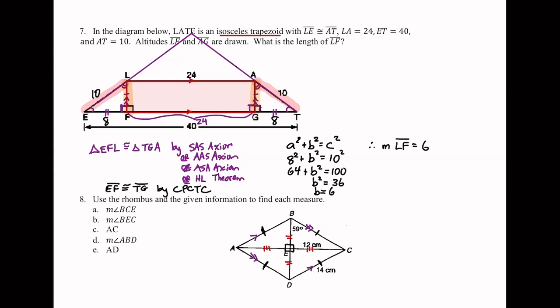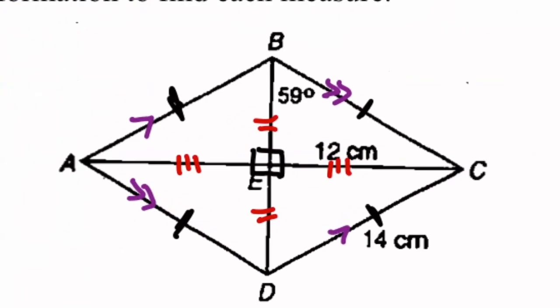But then another one, the diagonals bisect the given angles. So bringing it in, this angle here is going to be congruent to this angle here. And if opposite angles in a parallelogram, and a rhombus is a type of parallelogram, are congruent, then each one of these would have to be the same.